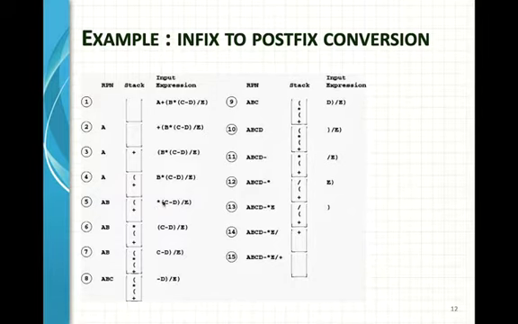If it is less than, then a push on the stack will be performed, so star is pushed. Then the next token will be these parentheses again, and this open parenthesis has the highest priority, so it will be pushed in the stack again. Finally C will be printed on the screen.